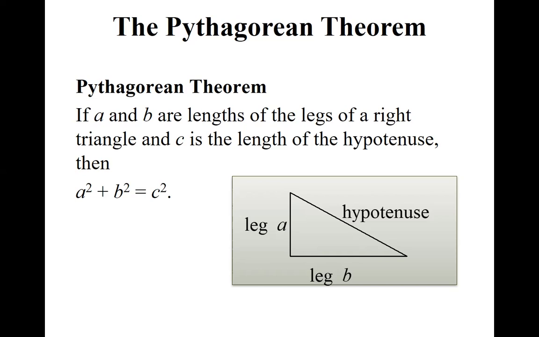C is the hypotenuse, the side of the right triangle directly across from the right angle.